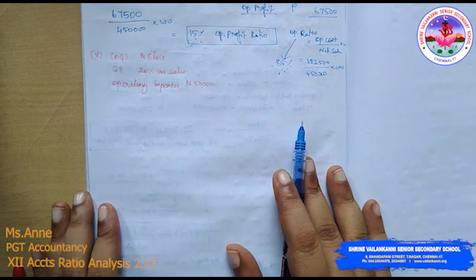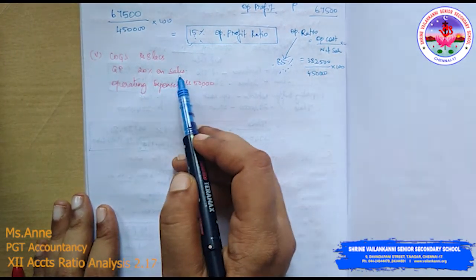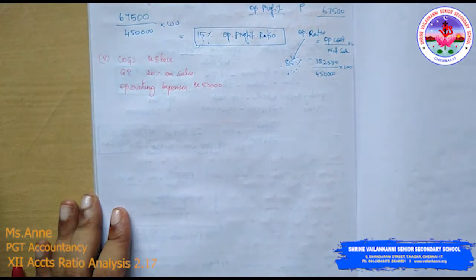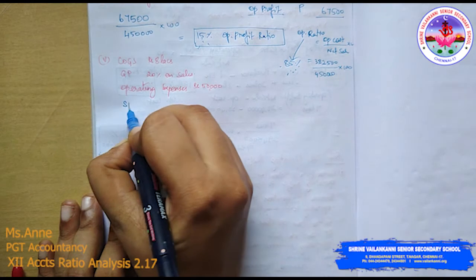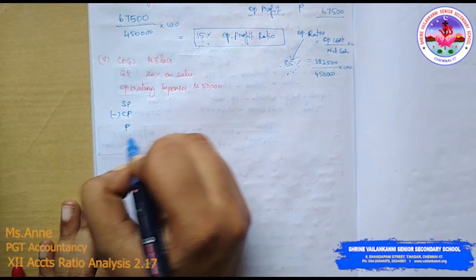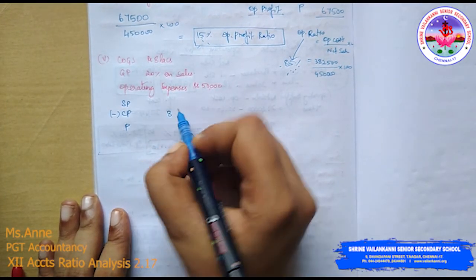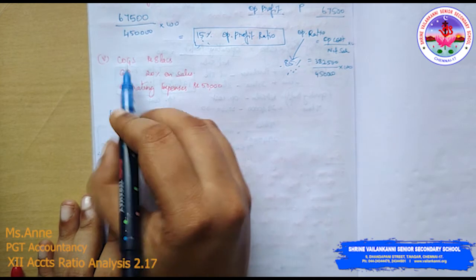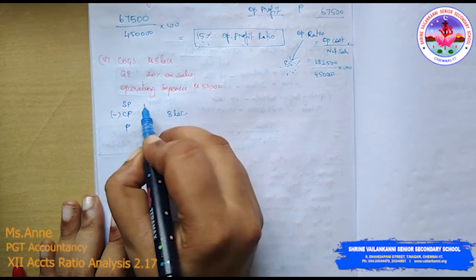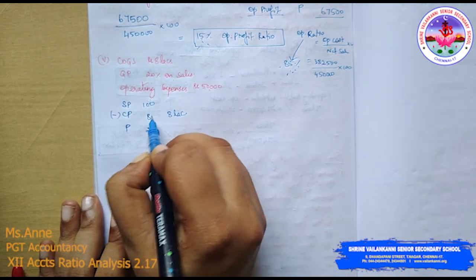The last thing that we need to know: cost of goods sold 8 lakhs. Gross profit 20% on sales. Operating expenses is 50,000. Now cost of goods sold is given: selling price minus cost price will be profit. Now on sales to be 100, profit is 20, then this is 80.